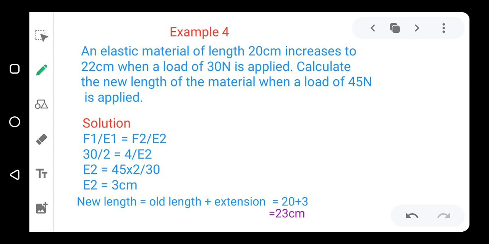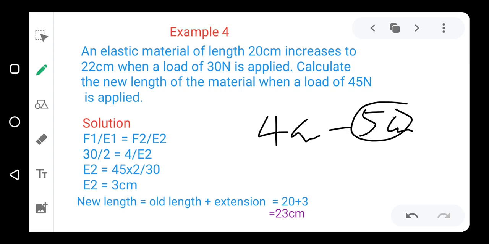Assuming that we have a material and the natural length of the material is 4 cm, and now when we add a force to the material, the length increases to 5 cm. It means that the extension is equal to the new length minus the old length, which is 5 minus 4.